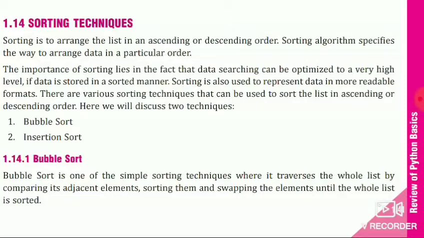Bubble sort is one of the simple sorting techniques where it traverses the whole list by comparing its adjacent elements, sorting them and swapping the elements until the whole list is sorted.